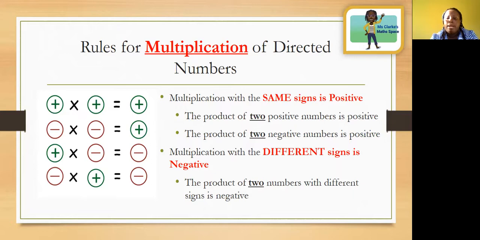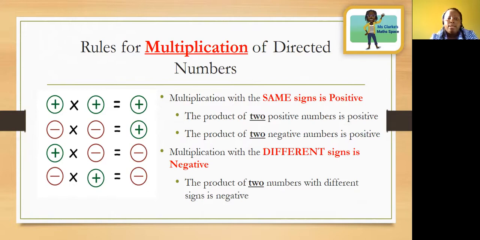And the second part of that is multiplication with different signs. I just want to stress, only two different signs is negative. So take, for example, the product of two numbers with different signs. If you have positive 2 multiplied by negative 3, a positive by a negative is a negative, 2 by 3 is 6, so you're going to get negative 6.